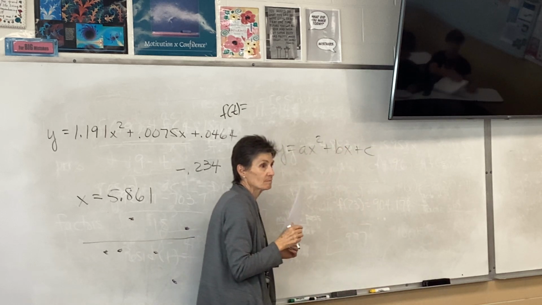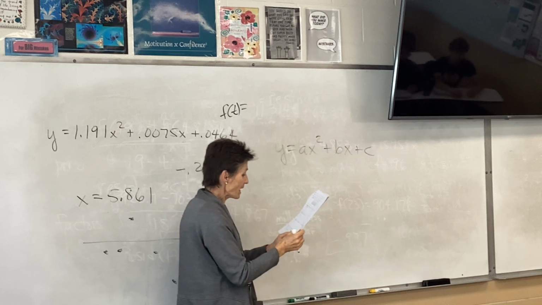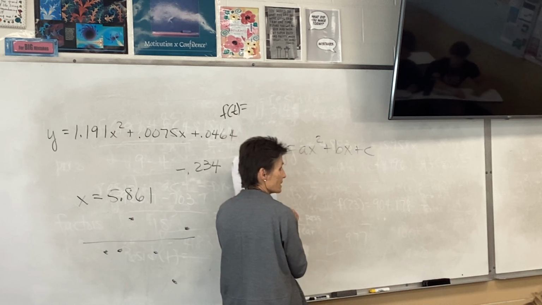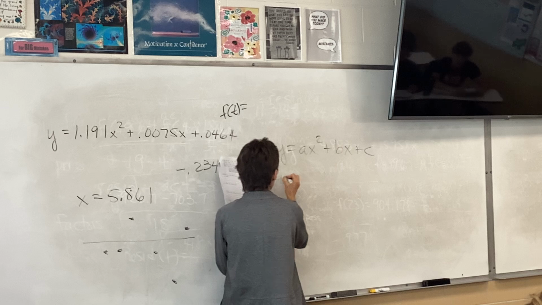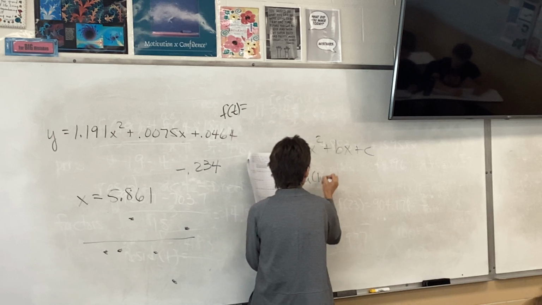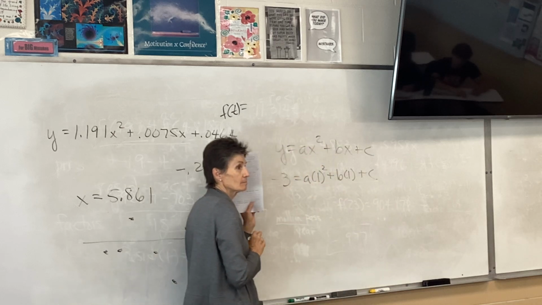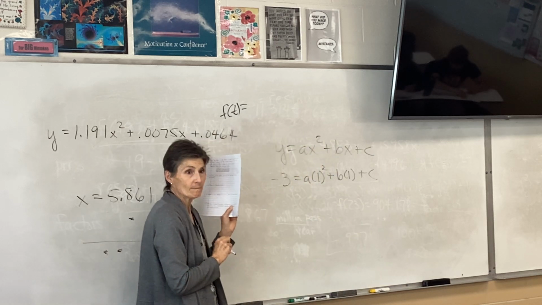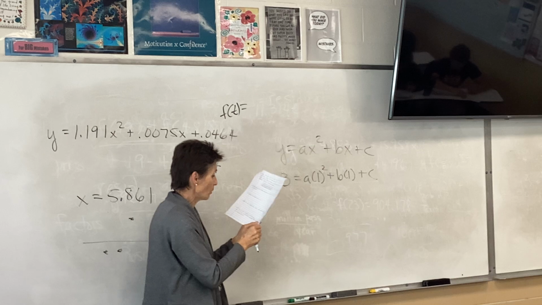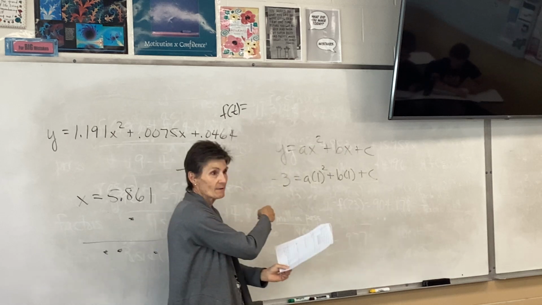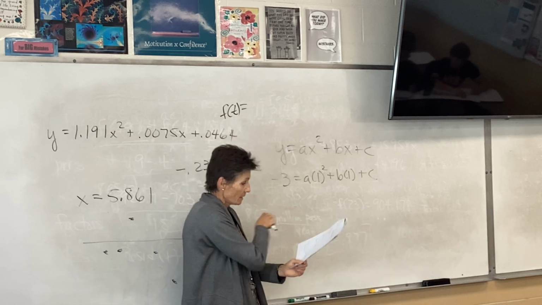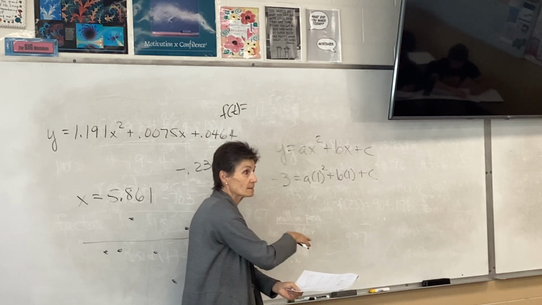Everybody knows that? So if I have the point (1, -3), then that means basically this, doesn't it? Right? And then if I have the point (2, -7.5), I could do the same thing. And then the same thing with the third point.